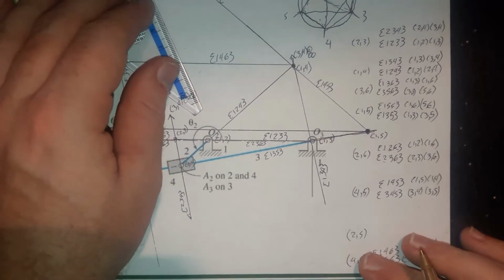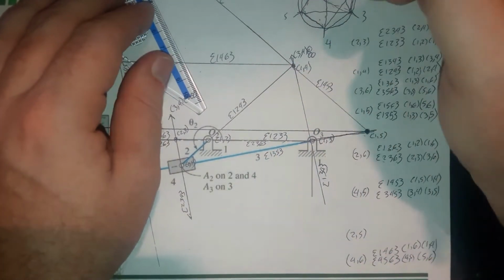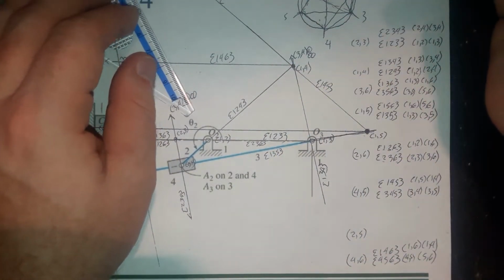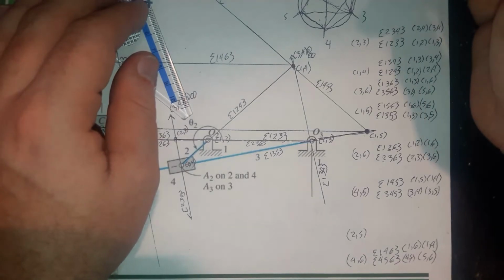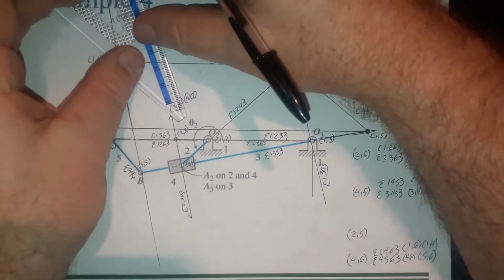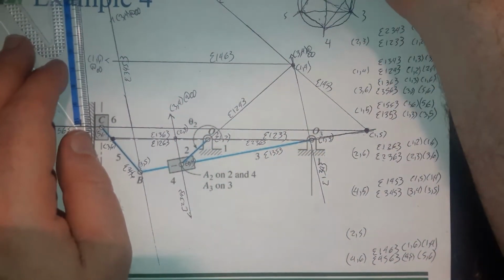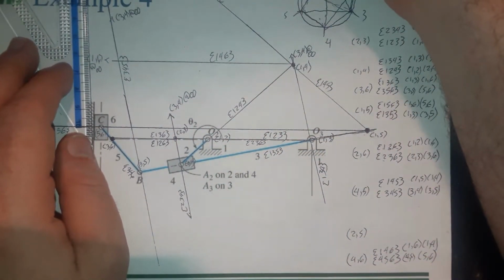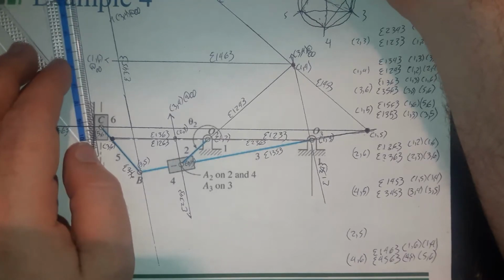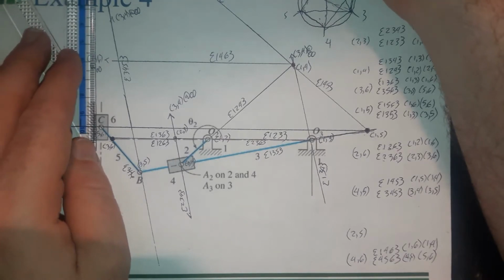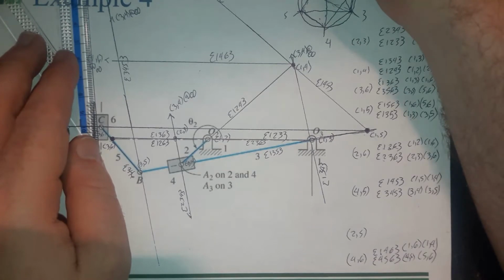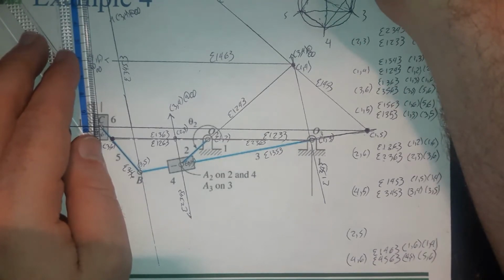Okay, and now 4, 5 is up there somewhere, and 5, 6 is right here. I don't like that line, honestly. That's going to be really tough to say for sure that I've got that one right.